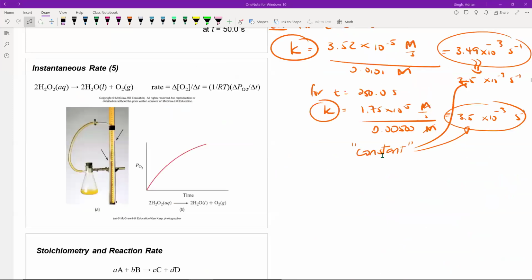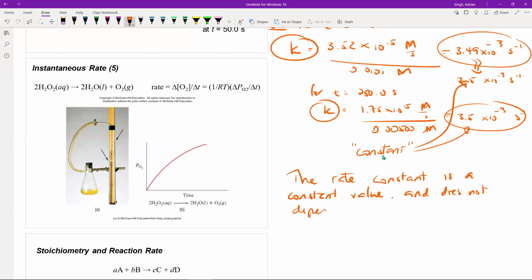We'll see this later on down the road: the rate constant is a constant, which is sort of obvious, maybe. The rate constant is a constant value, hence its name, and it does not depend on the concentration, in this case, of the reactant Br2.